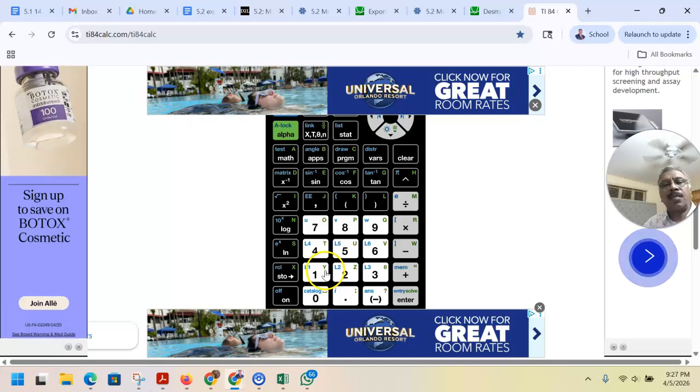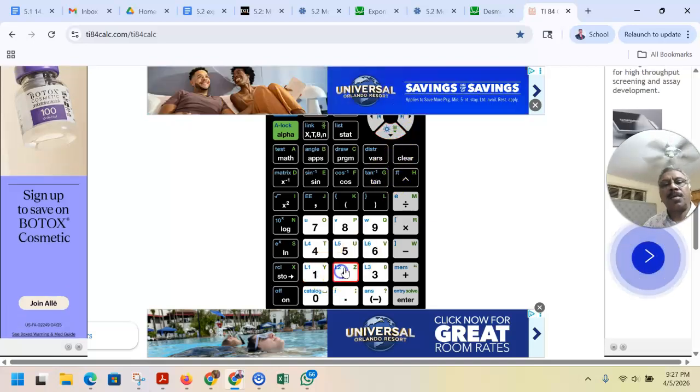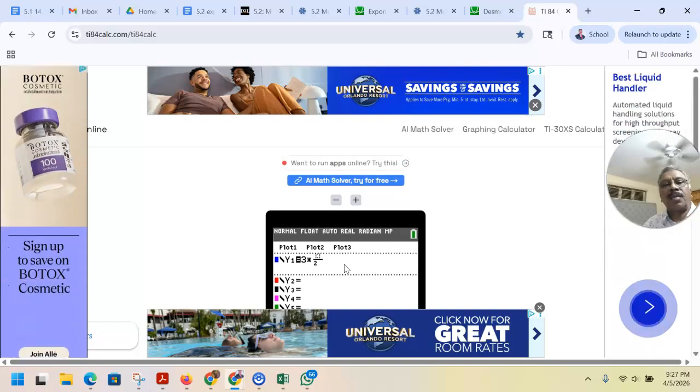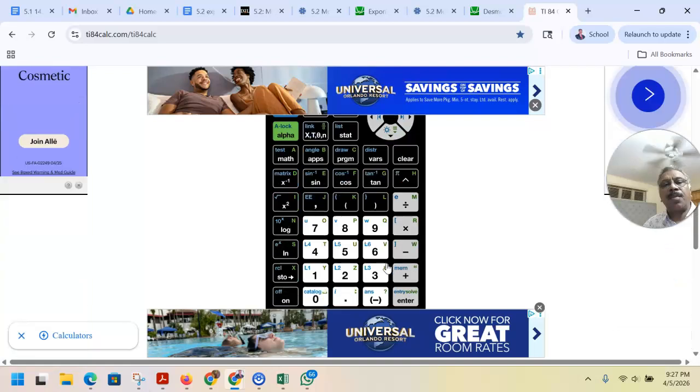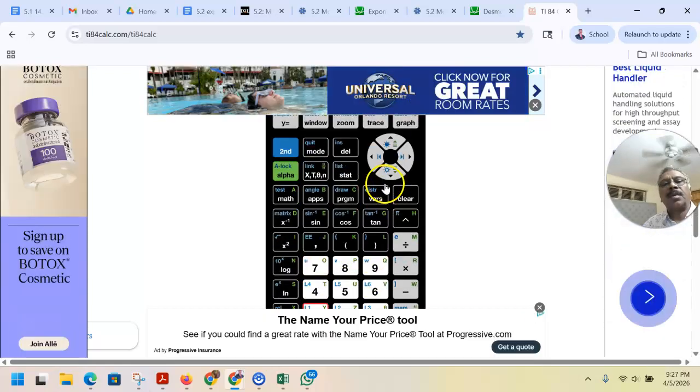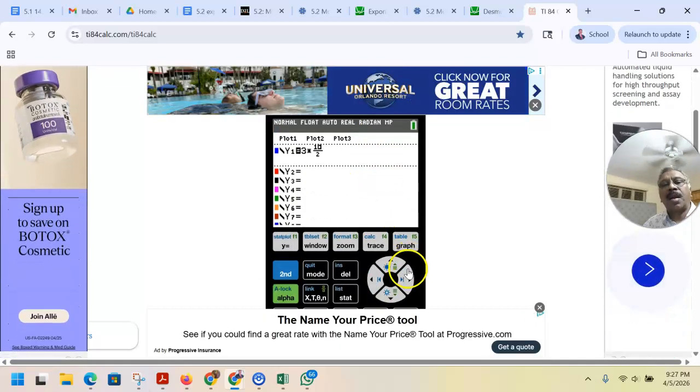So 1, go down, put 2, so you get that half. I think I forgot to put 1, so go up and put 1. So you get that, and then you right click one more time.